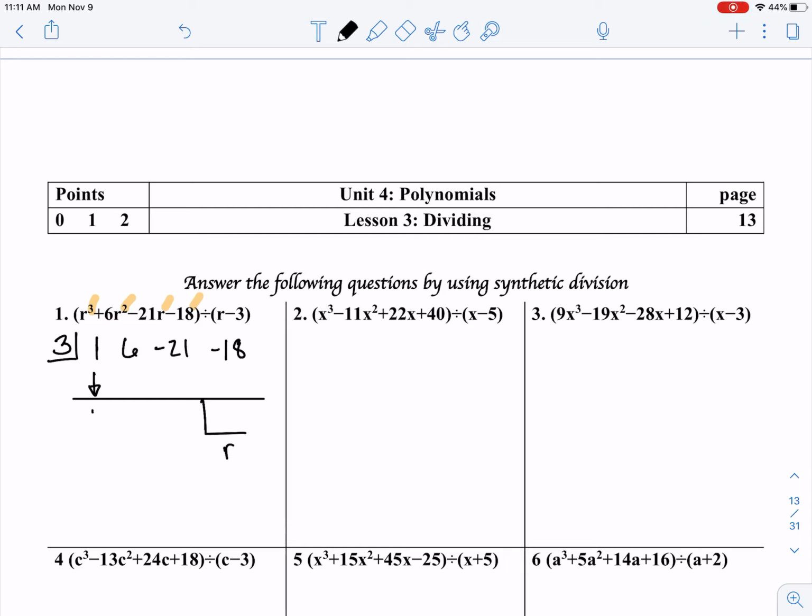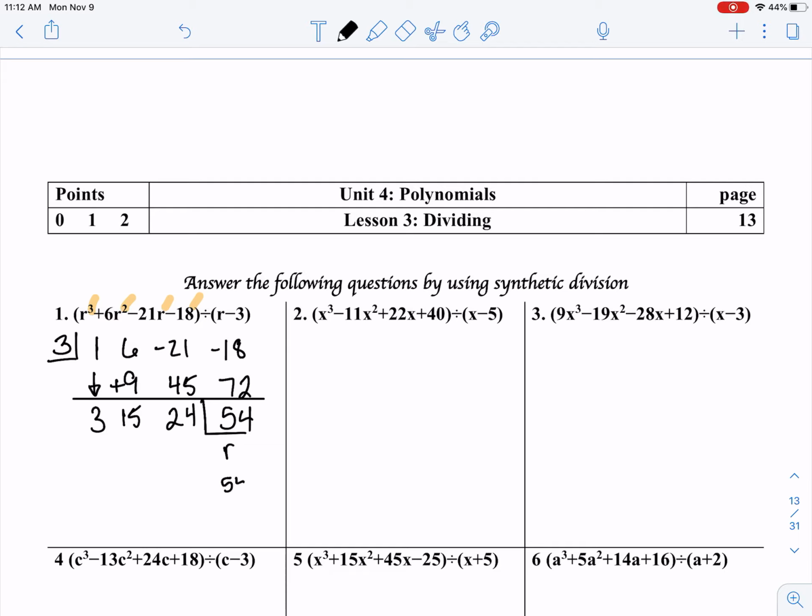Again, bring down your first number, multiply, add, multiply, add, multiply, add. Write this as a polynomial.